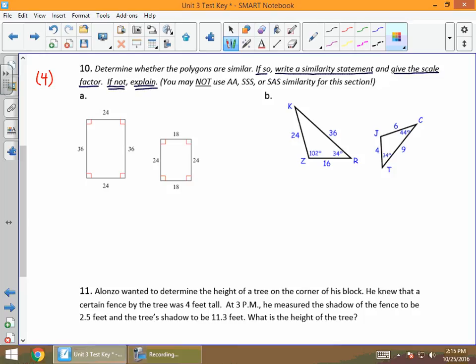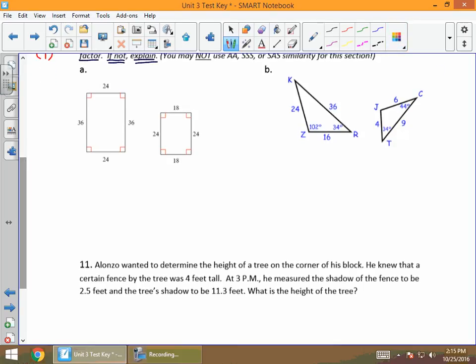So let's first check and see if these 2 things are similar. So as I look at A, I have 2 rectangles. So I'm going to check to see if the proportions are the same. So I have 24. There are 4 sides. And then 36 is the right side, 24 is the bottom, 36 is the left side.